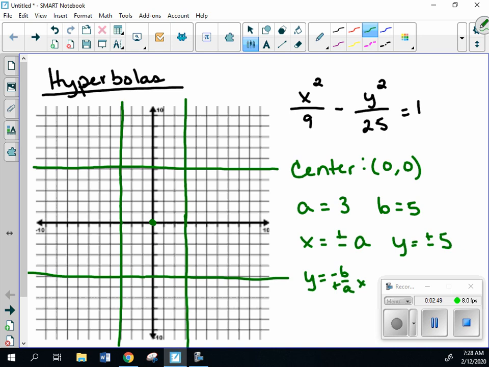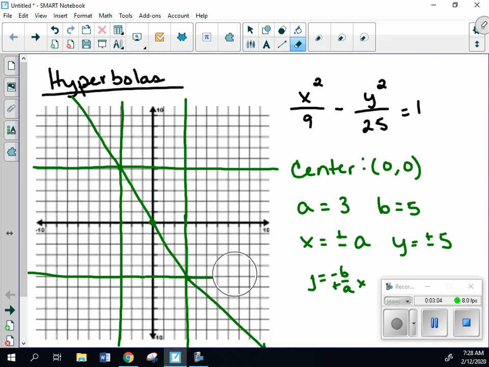Just giving you an idea here. So notice I've got 3 points that I can sketch those asymptote lines through. To kind of help, I'm going to shorten this up a little bit so it's just that box.